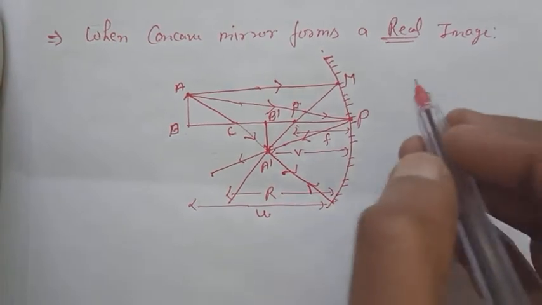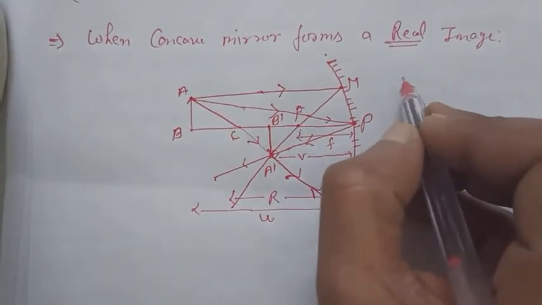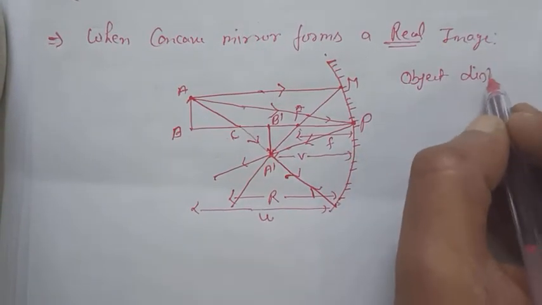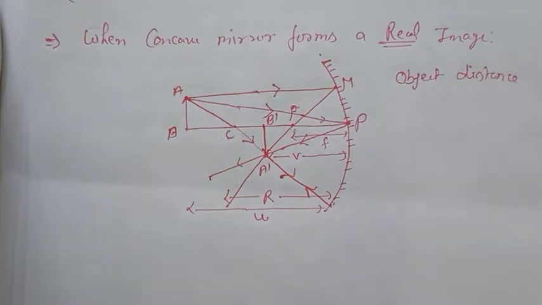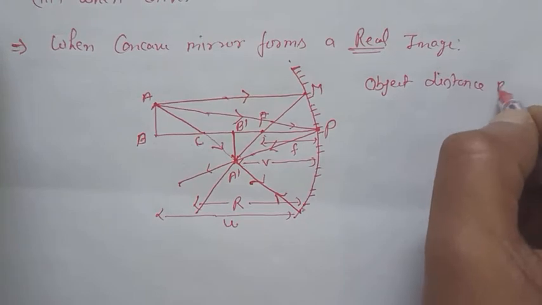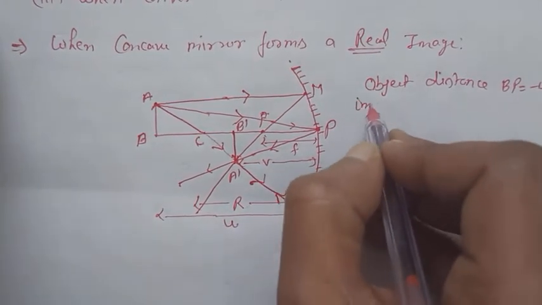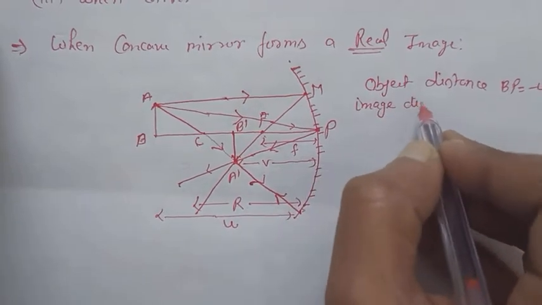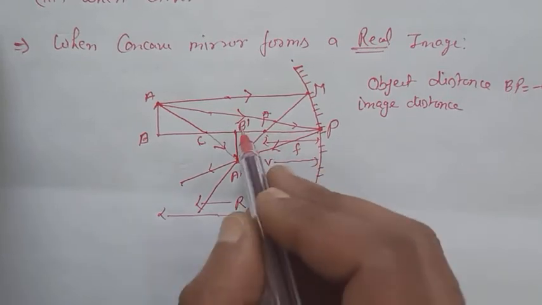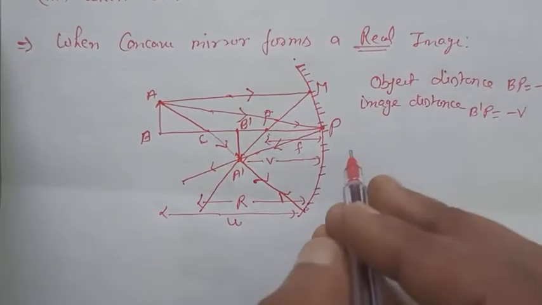Then we write down our distances in terms of variables. Object distance BP equals minus u. Image distance B dash P equals minus v.